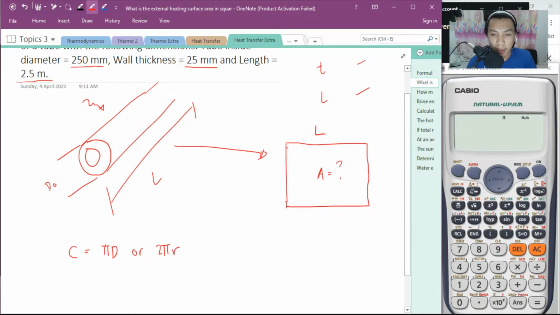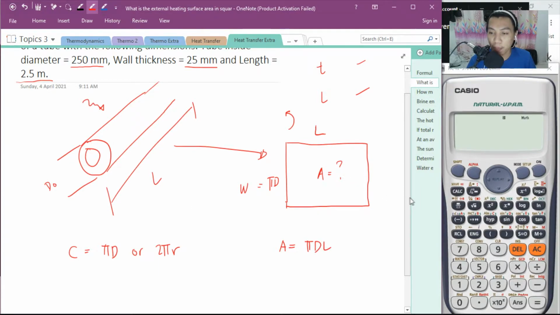So now, at this length, kapag inirolyo mo daw ito, pinaikot mo yan, pag ganun, okay? Magiging pi d or it is the circumference of the circle. Ang circle walang perimeter, okay? So, di ba ang area is length times width, now the width is the circumference of the circle. Area now will become pi d L.